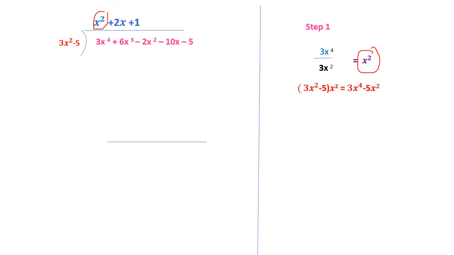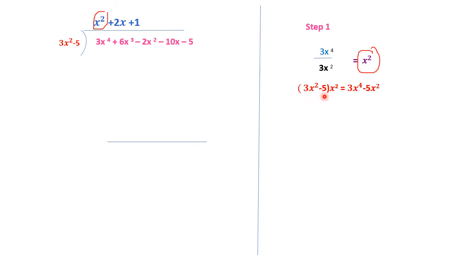Here it is. We have multiplied the quotient x squared with the divisor 3x squared minus 5. Don't forget to put 3x squared minus 5 in the bracket because we are multiplying both the terms with x squared. So we should use the bracket.